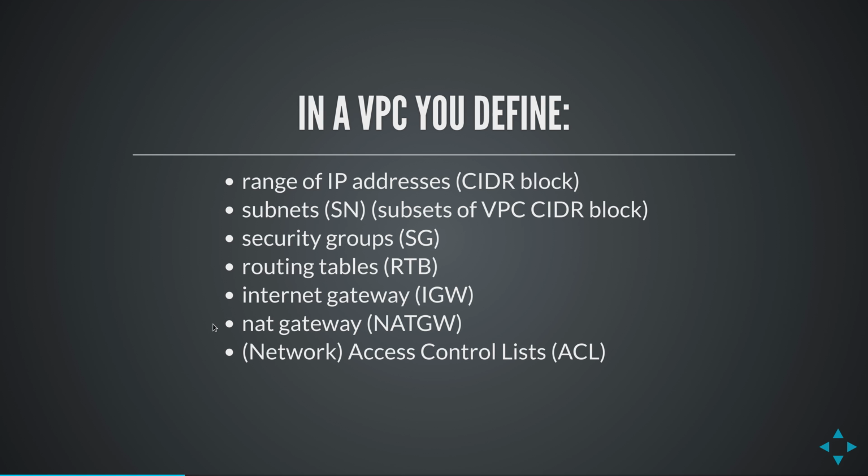We're not going to use the NAT gateway, by the way, but I added this for completeness, because further on we'll show some examples where you want to use the NAT gateway. Access control list, that's one of the things that we need to define, and are also firewall type rules like the security groups.